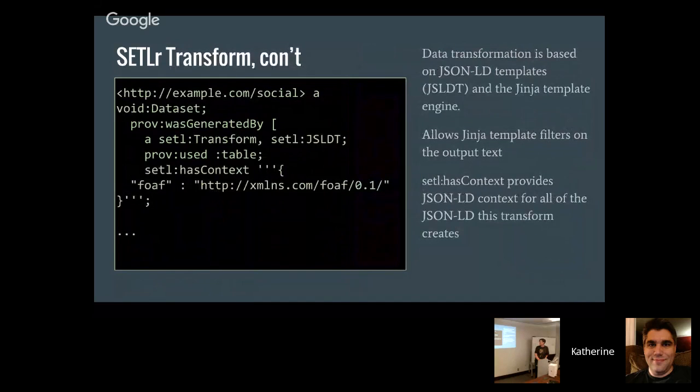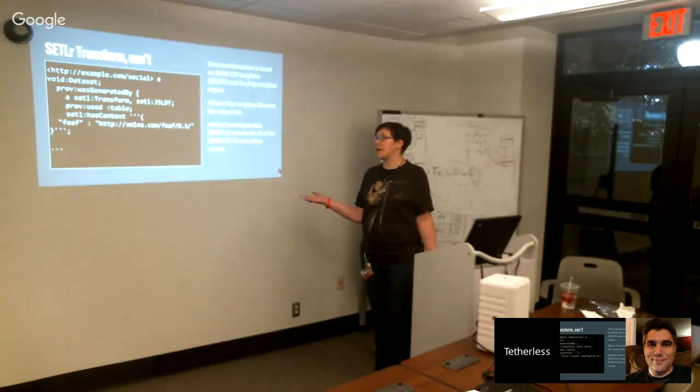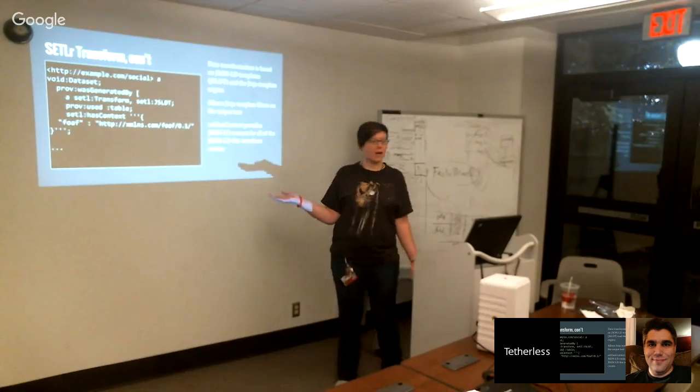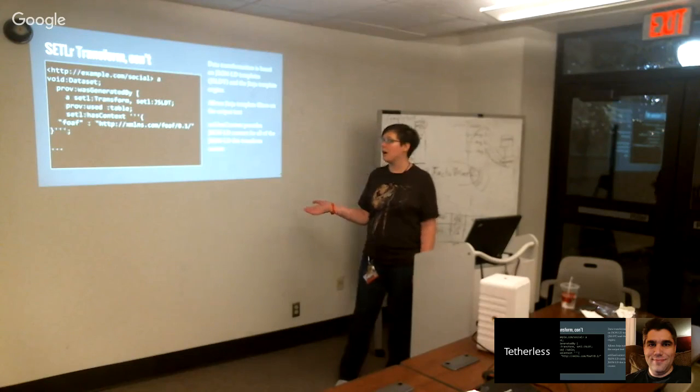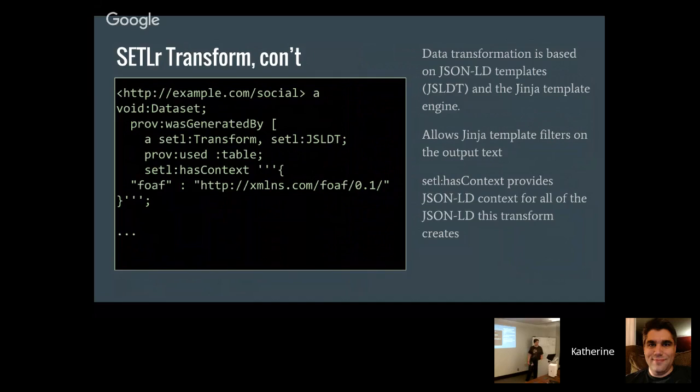Alright, so the next thing we want to do is transform the data. We're defining our dataset object, and we're just calling it example.com/social. It's a void dataset, and it was generated by a SETL transform and a SETL JSON-LD template. So it's using the JSON-LD template that we were talking about, and it used the table entity that we created from the extract step before.